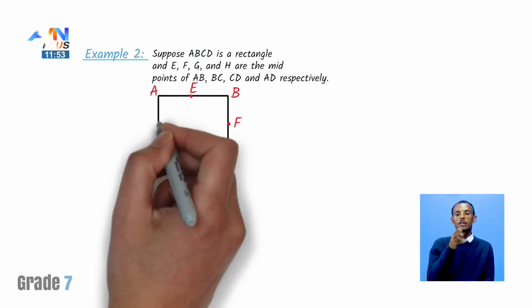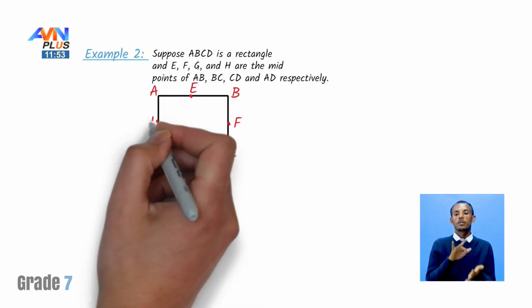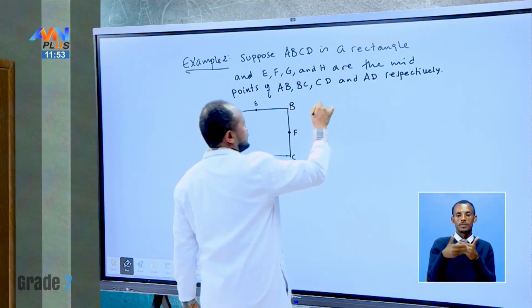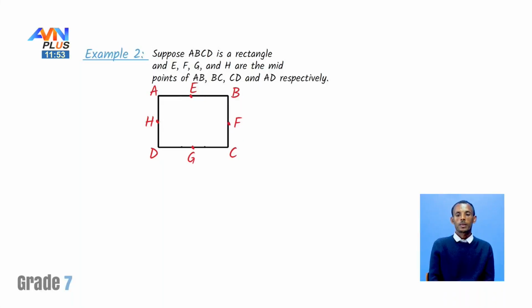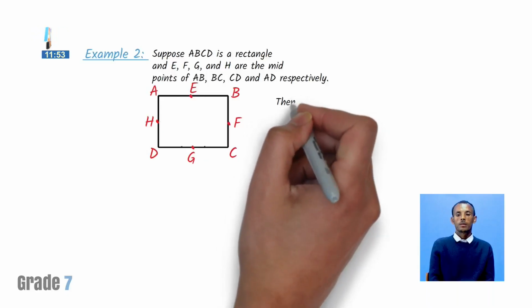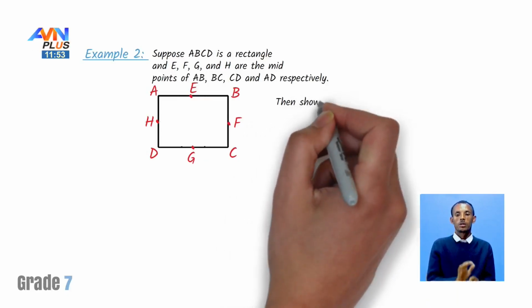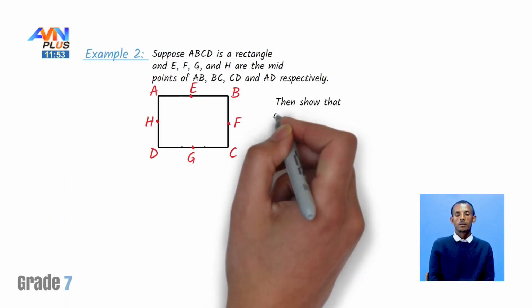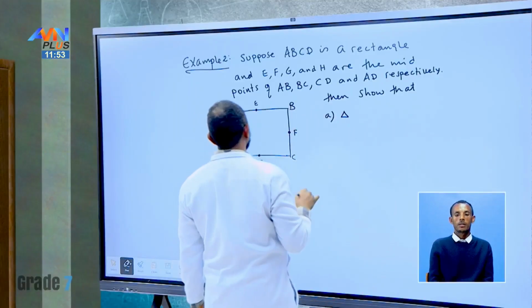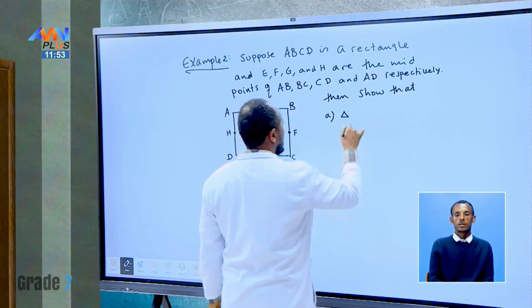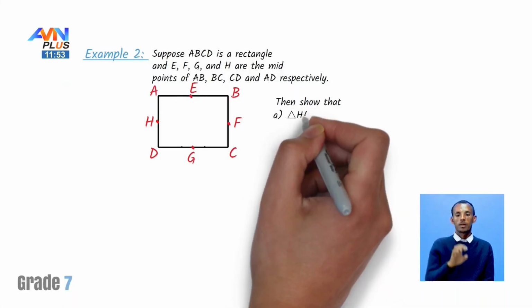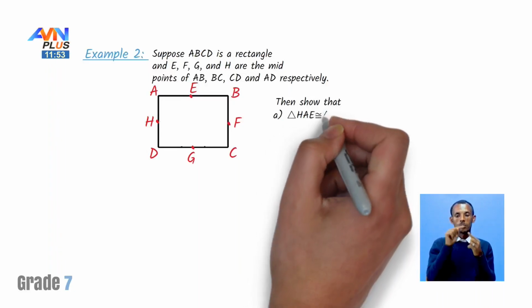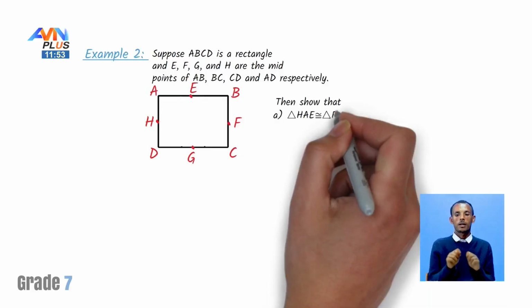H is the midpoint of AD. Then show that triangle HAE is congruent to triangle FBE.